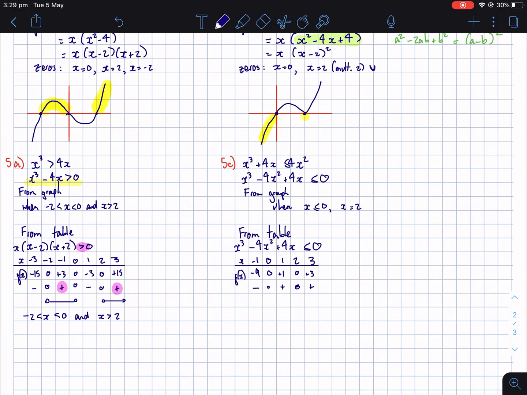That's what I mean by bounce back up. So it's less than or equal to 0 here and here. So it's going this way and at this point. So when x is less than or equal to 0 and x equals 2.